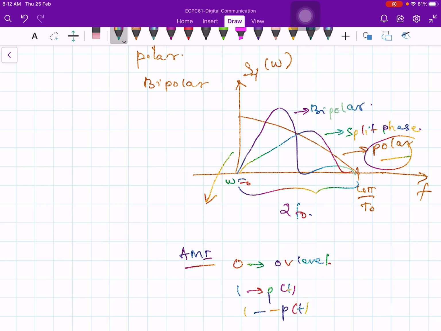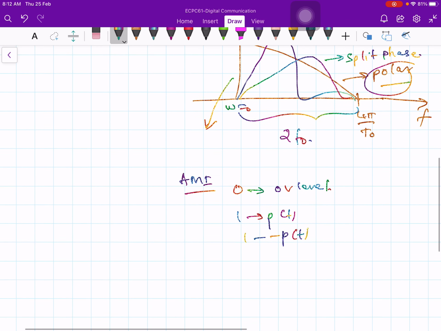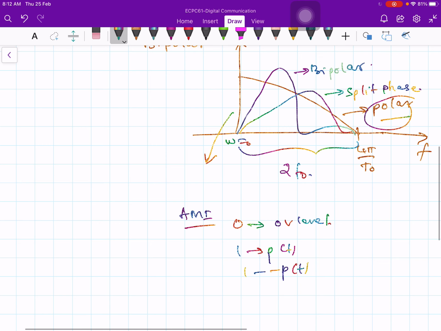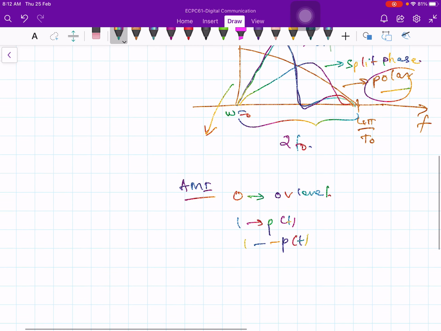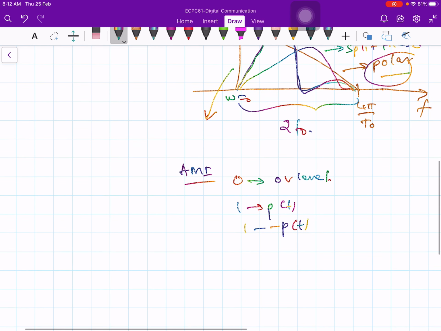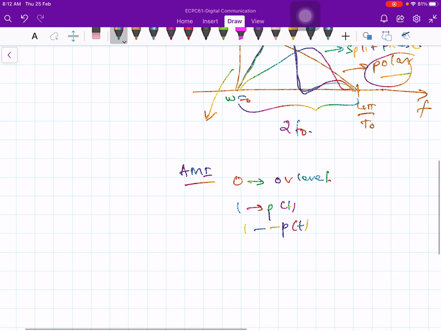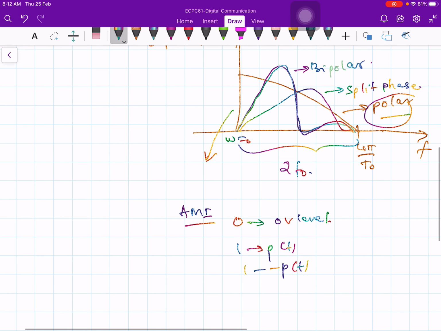That's what we said for AMI, alternate mark inversion. And this AMI bipolar signaling has this kind of spectrum. Surprisingly, it is not that surprising, if you look at the bipolar spectrum, the bandwidth is how much?